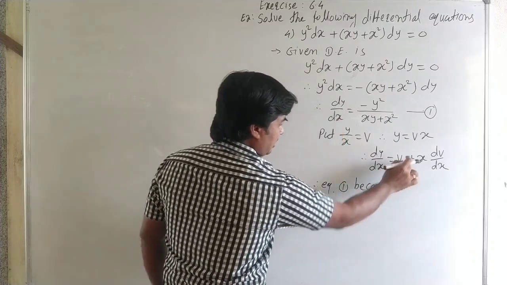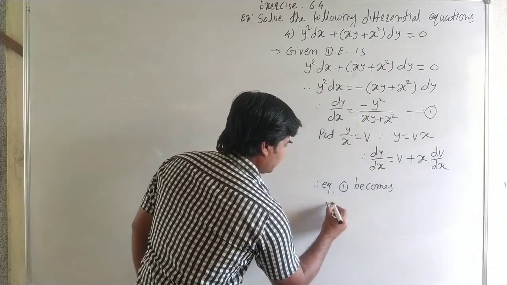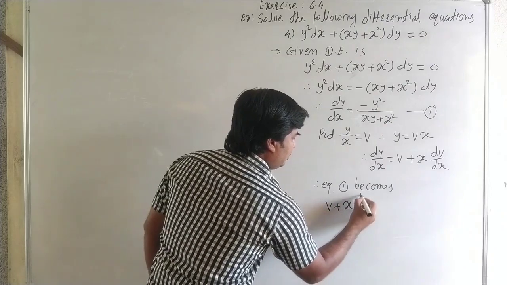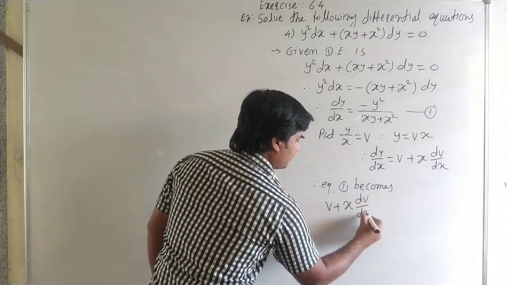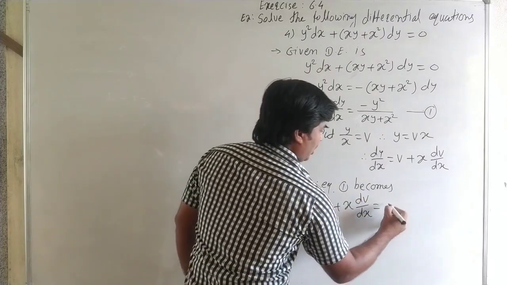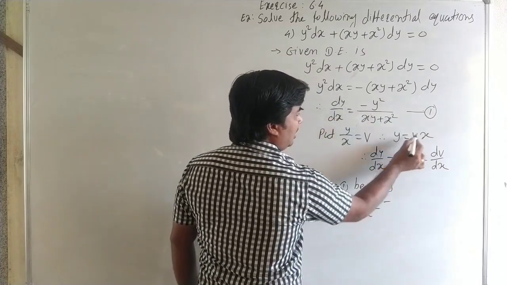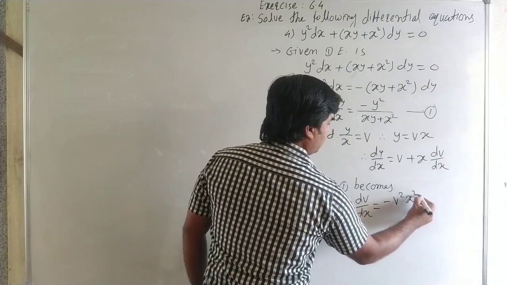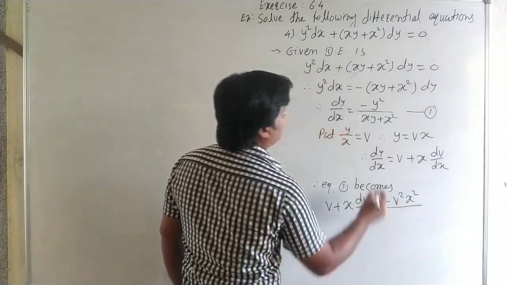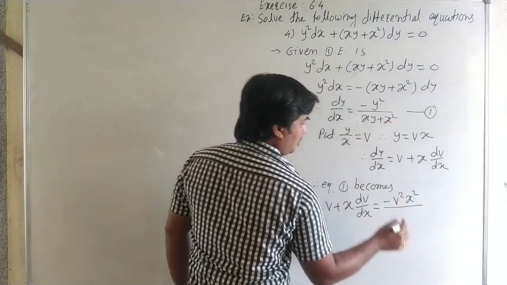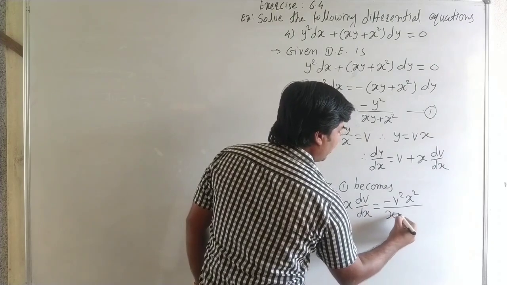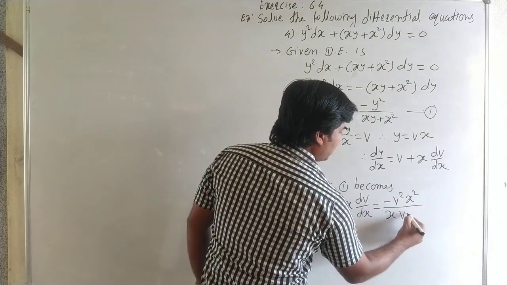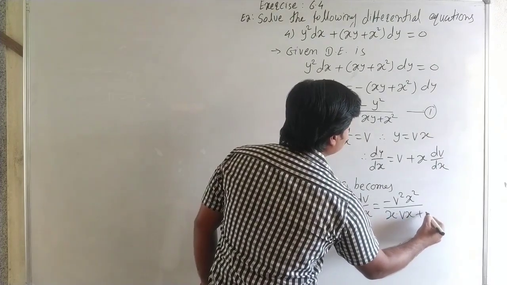dy by dx, phi plus x into dv by dx is equal to minus y square, y is xv, therefore v square x square upon xy plus x square, x into y means again xv or vx plus x square.